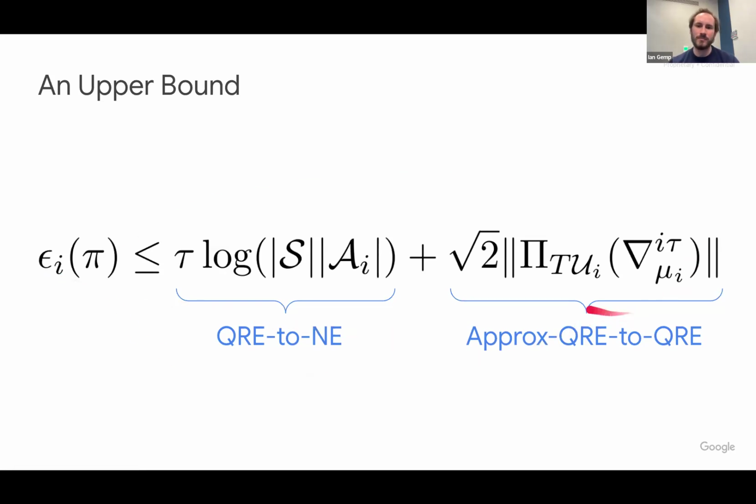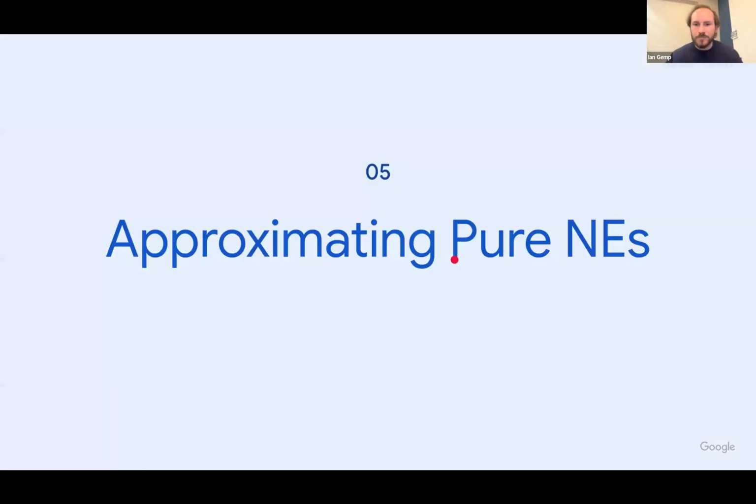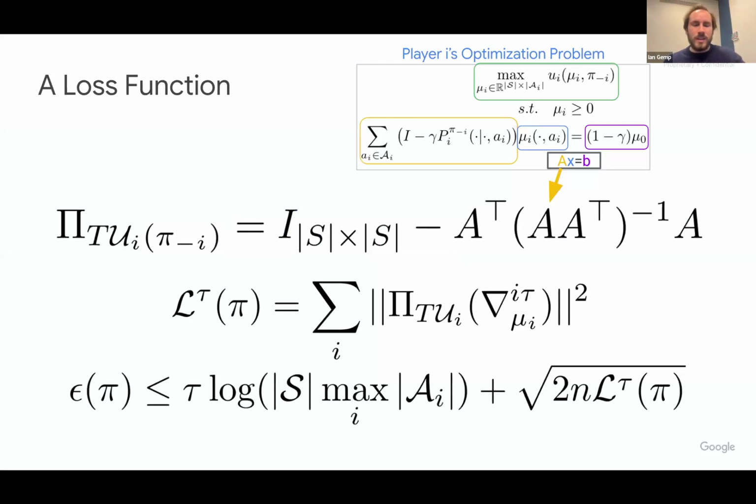We don't need this term because it doesn't depend on the occupancy measures, but these. Okay, but using this loss function, we can also translate to an upper bound on the exploitability of a policy profile in terms of our loss function, where n is the number of players here, and we're using the worst case occupancy measure over all the players.